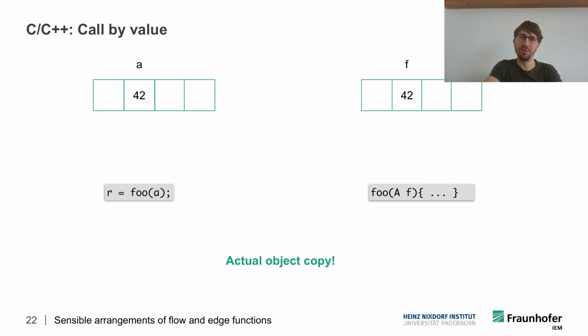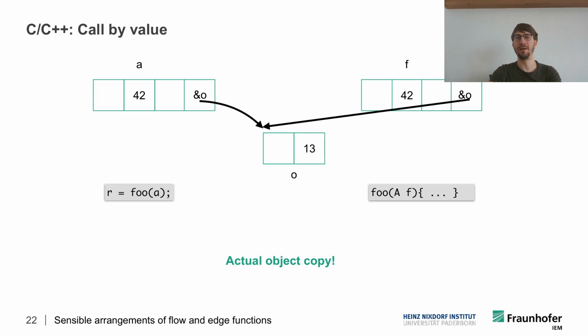But what could happen really is that one of the fields is a pointer that points to some other object, like so, for example. If you have the address of O in this field, you will be able to reach this other object in memory.